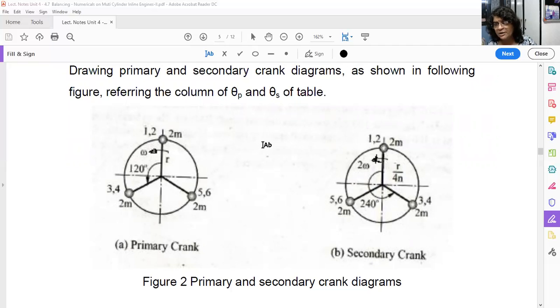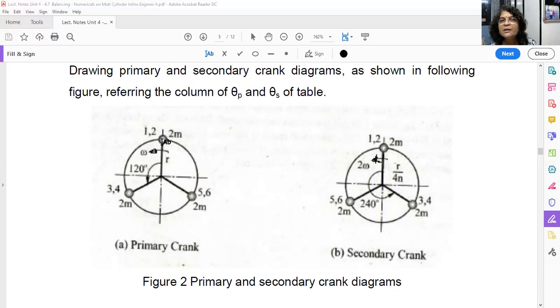In a few books they have taken the positive x-axis. Even for our rotary unbalanced problems, we have considered the positive x-axis as 0 degree, that is the reference. But here in reciprocating, we have considered the positive y-axis as the reference plane. So the first mass is falling here at 0 degree. Second is 360.